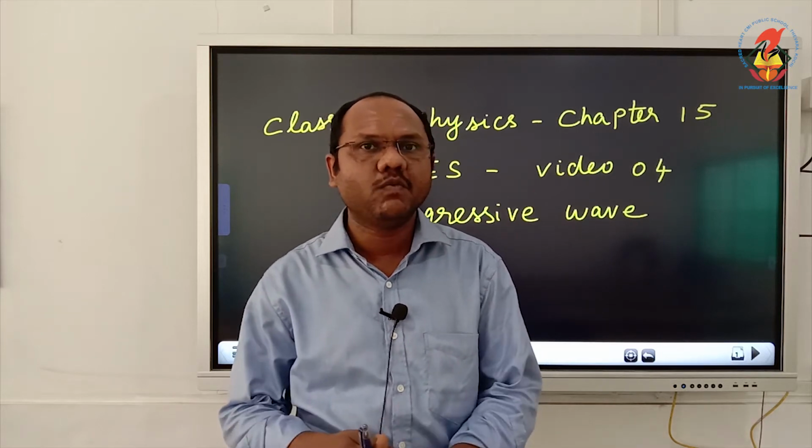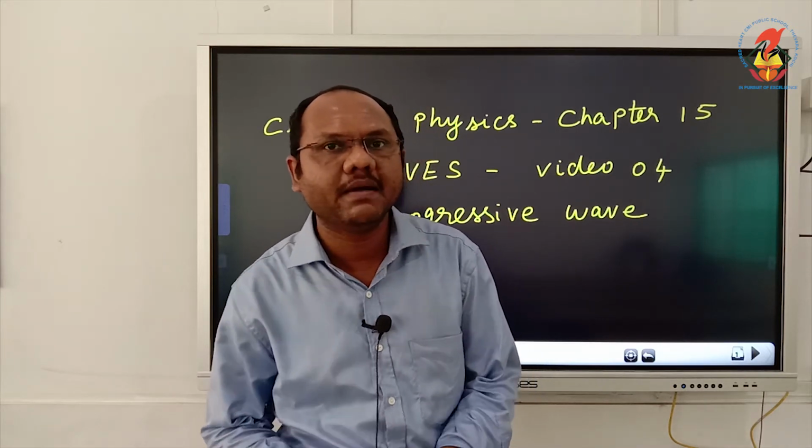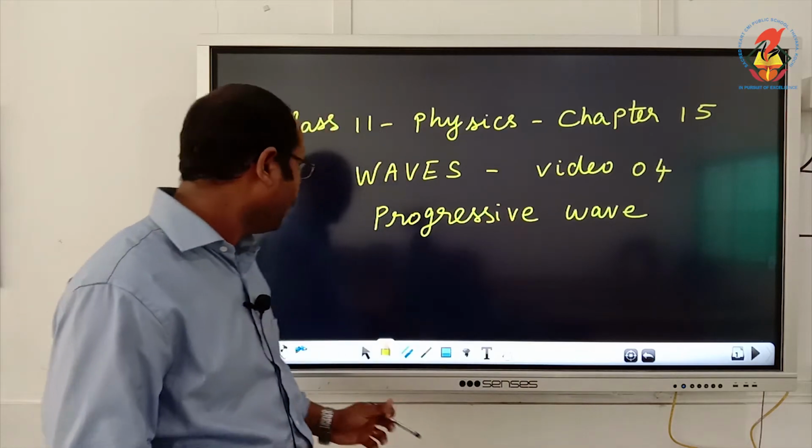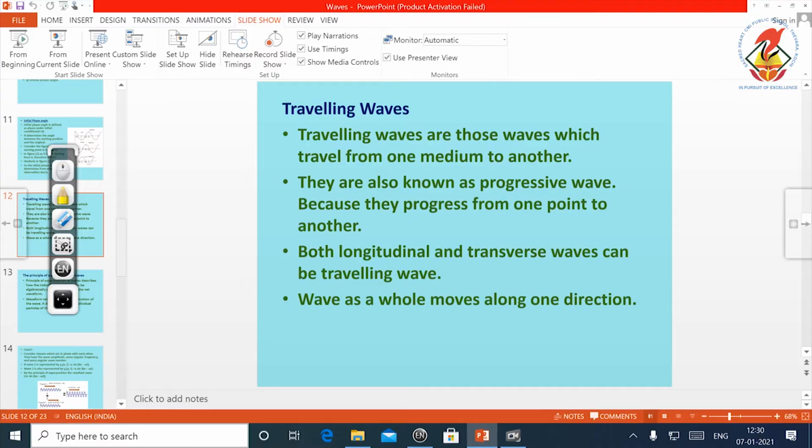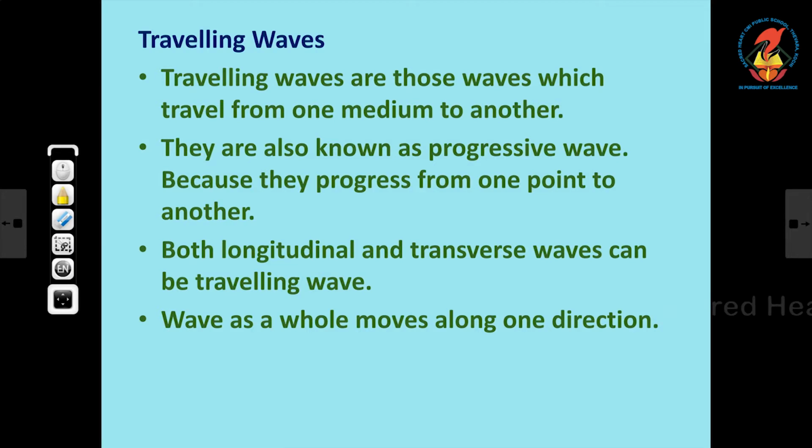So, the wave which propagates from one medium to another is called progressive wave or traveling wave. Traveling wave is also known as progressive wave because it progresses from one point to another. Both longitudinal and transverse waves can be traveling waves.